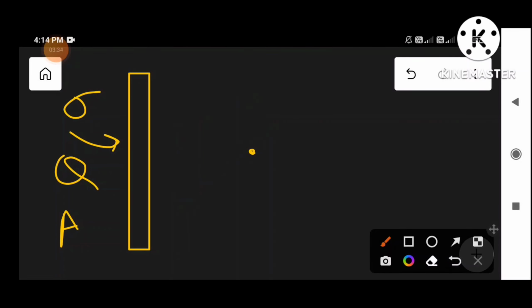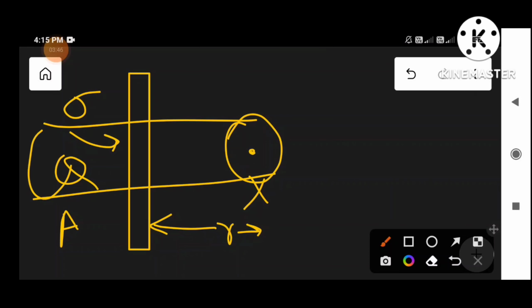Now the electric field at this point, let us say this is some point x and it is at some distance r from this. So if you remember from your basics of electrostatics, we assume a Gaussian surface which is cylindrical in shape, and we can compute the electric field at this point x due to this charged sheet or charged conducting plate. What is it? We can directly write it.